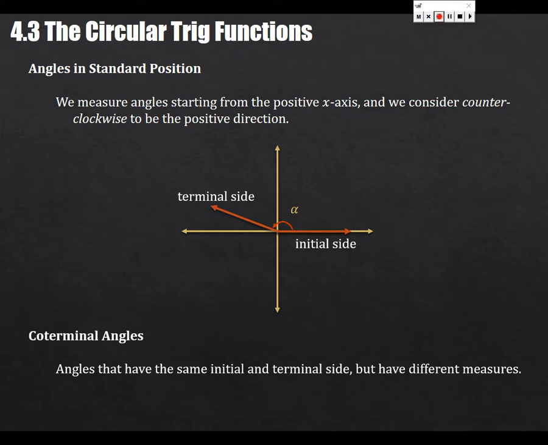They don't have the same measure, but they have the same terminal ray when put in standard position. You also have 90 and negative 270. 90 versus negative 270 looks like that, right? Good.